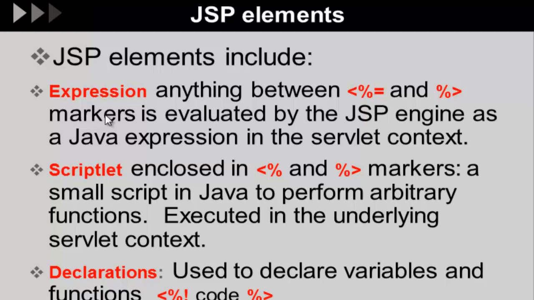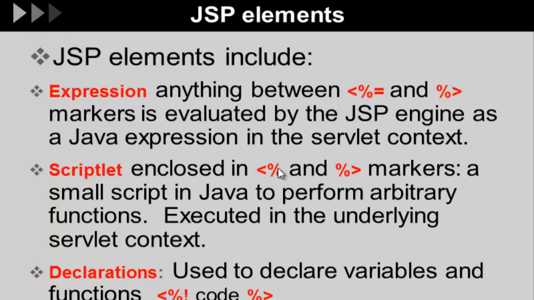Then we have a scriptlet. What is a scriptlet? A small piece of Java code that you need to run. For example, a for loop, a while loop, an if, a switch statement, or any small calculation. If you want to do it, you can go for this.